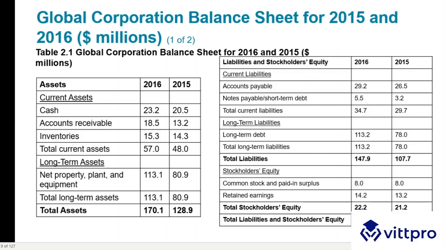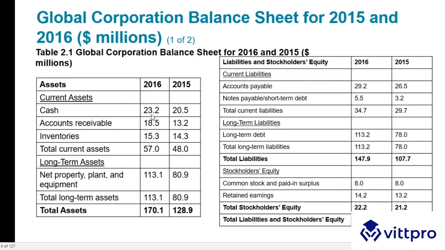Plus the value of debt. The value of debt here is $113 million. So we normally take the long-term debt only, not the short-term debt. So 80 million plus 110, it becomes 193 million, right? Minus the cash which you are already holding. So minus 23 million.